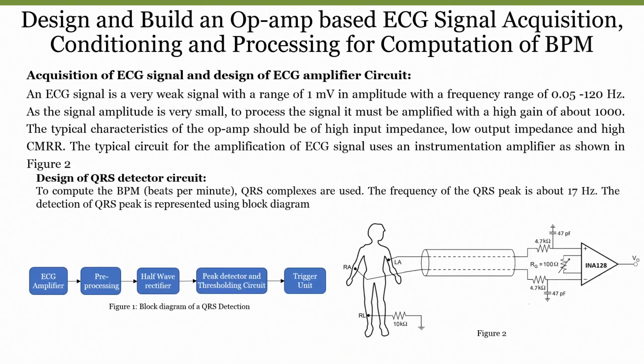Now, how do we acquire an ECG signal? When we look into figure 2, first we will see how exactly we do our complete processing by representation of a block diagram.